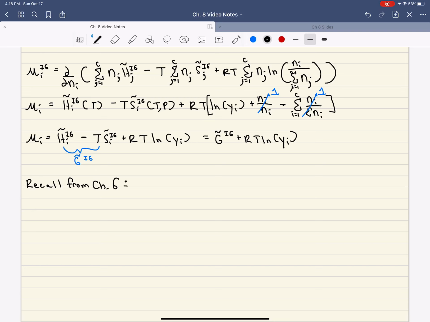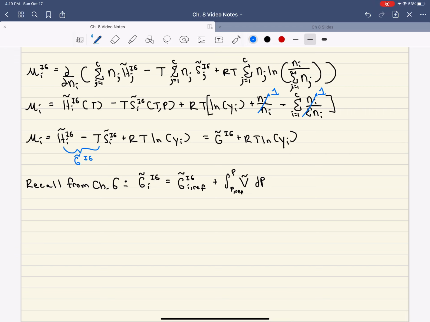We actually looked at our Gibbs energy, and we saw that for ideal gases, the molar Gibbs energy can be described like this, where it's some reference state molar Gibbs energy plus the integral of V molar dP from some reference pressure to some final pressure. Okay, that's just how one would get the molar Gibbs energy.